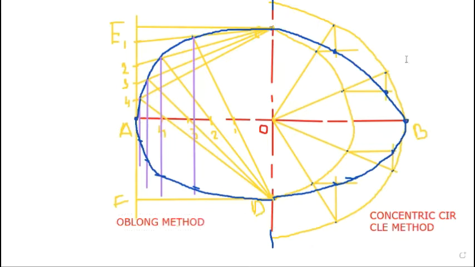And here OA equals OB equals 40, and OC equals OD equals 30. AB equals 80, and CD equals 60. So these are the dimensions.